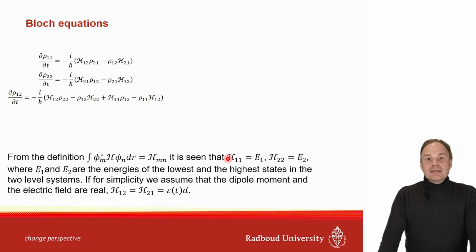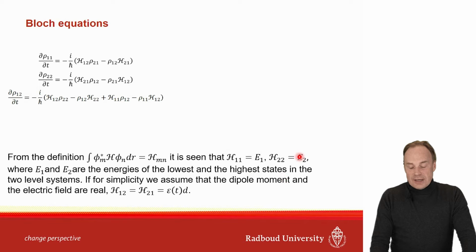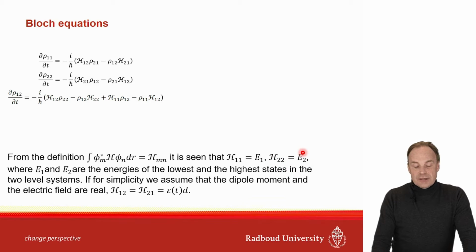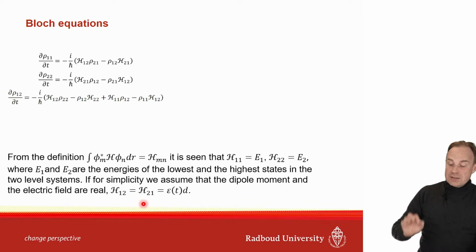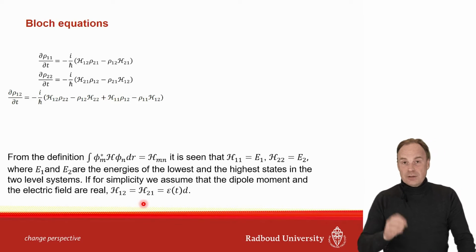Another diagonal element of the Hamiltonian is the energy of the excited state. And the off-diagonal elements of the Hamiltonian are equal to the electric field times the dipole moment.